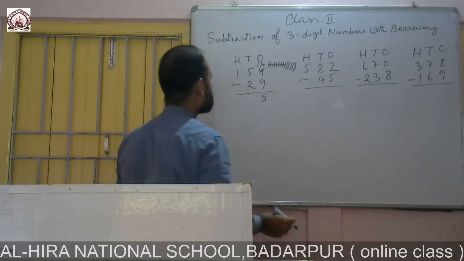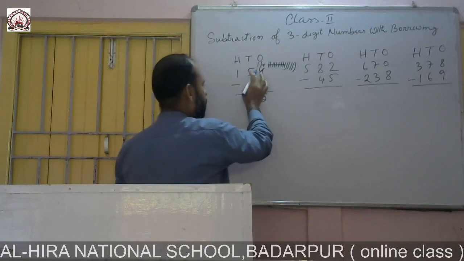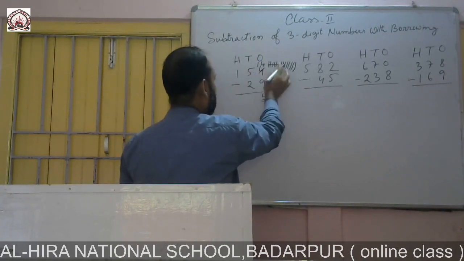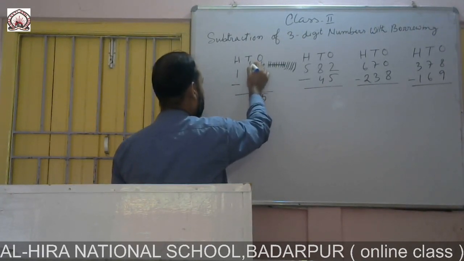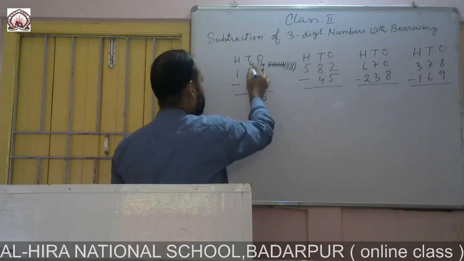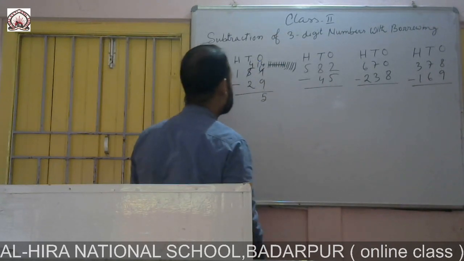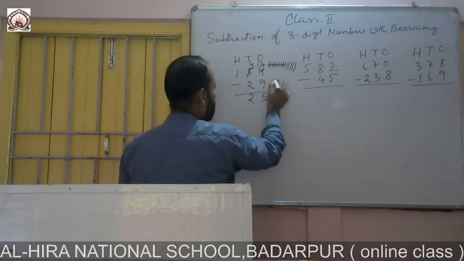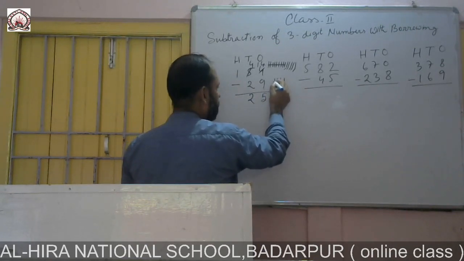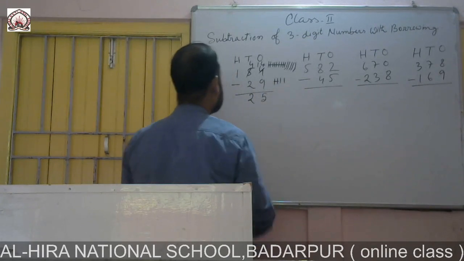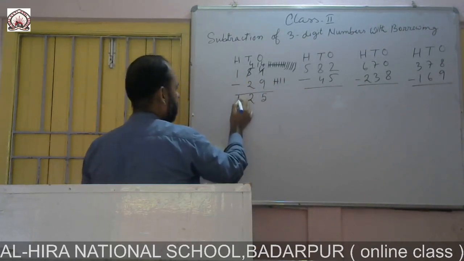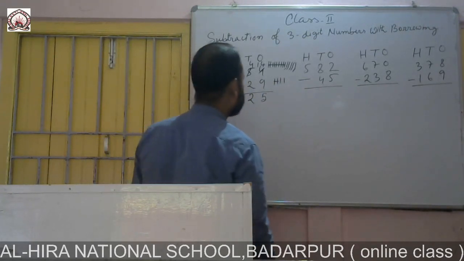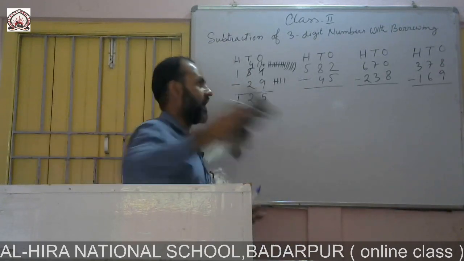Next, from this 5 we borrowed 1, so there remains 4. 4 minus 2 is equal to 2. Then 1 remains. The answer is 125.